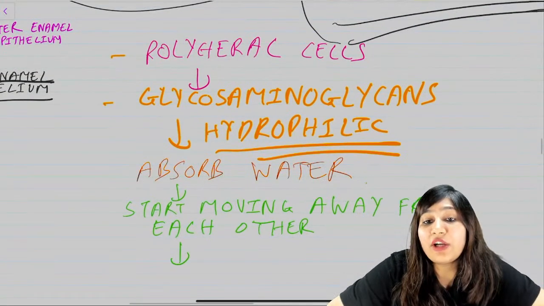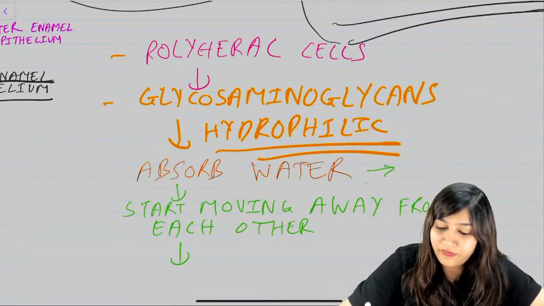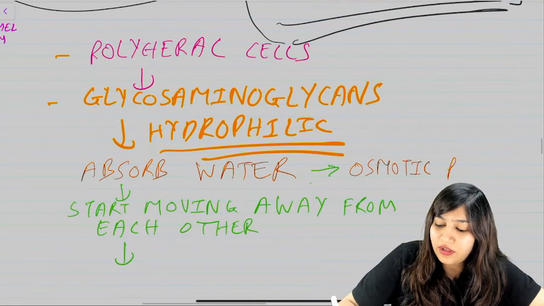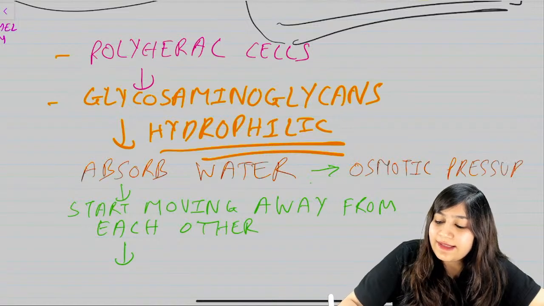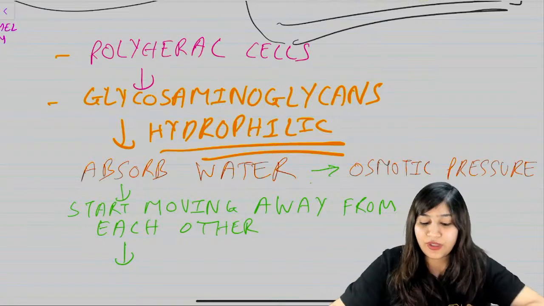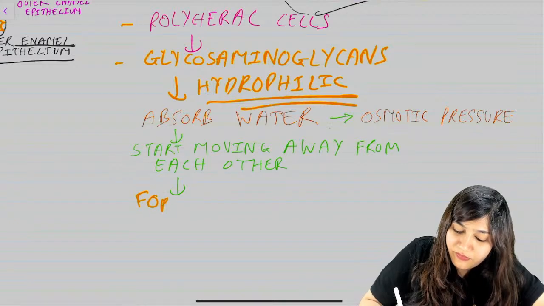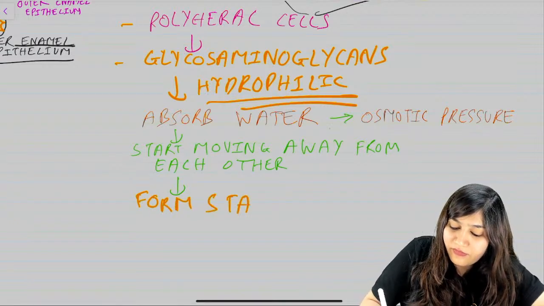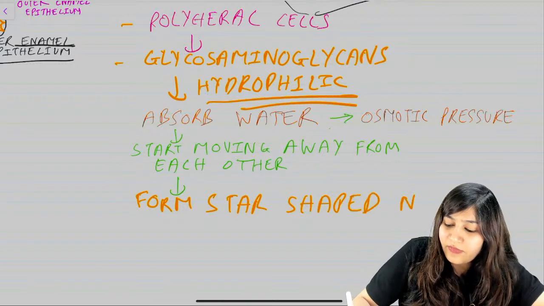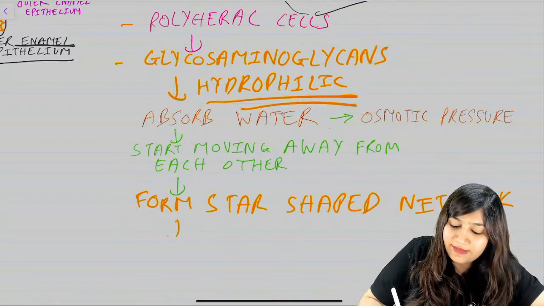They absorb water because of the osmotic pressure. So the cells will move away from each other, but to maintain contact, they will form a star-shaped network. As a result they are known as stellate reticulum cells.